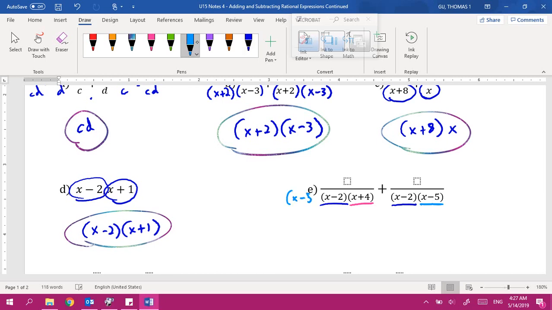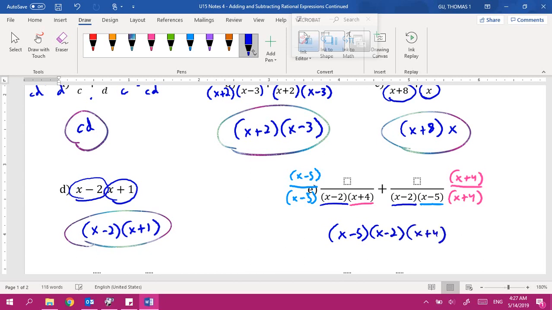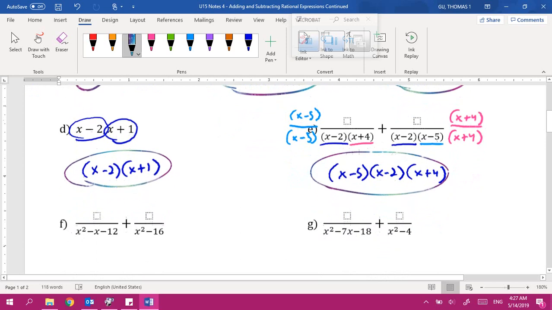So let's give it an x minus 5. We multiply the top and the bottom by x minus 5, and now, okay, we got that. And on the right side, what is this right denominator missing? It's missing the x plus 4. So if we multiply the top and the bottom by x plus 4, now look, the denominators are exactly the same. The least common denominator here is going to be x minus 5 times x minus 2 times x plus 4, just like that.